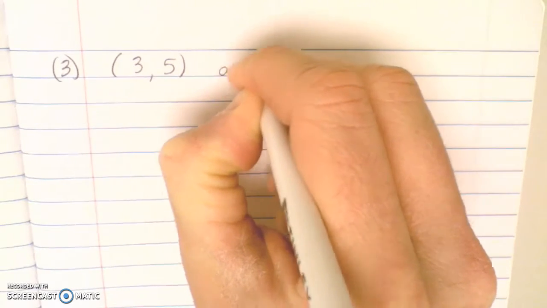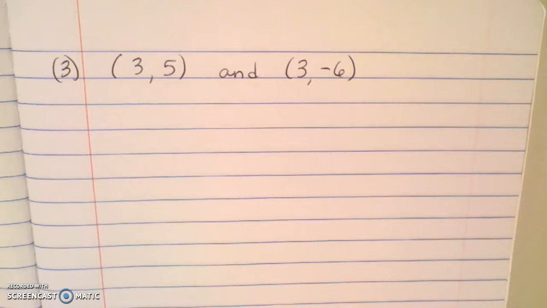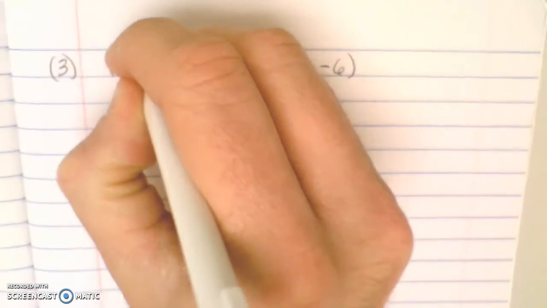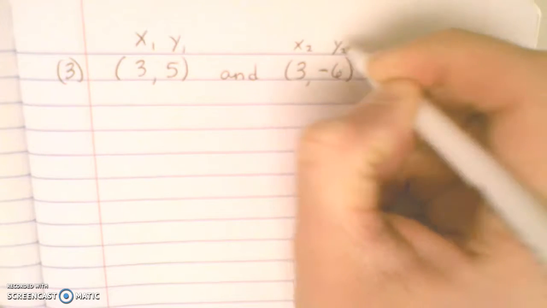All right, let's say you had 3, 5, and 3, negative 6. Remember, label your points, x1, y1, x2, y2.